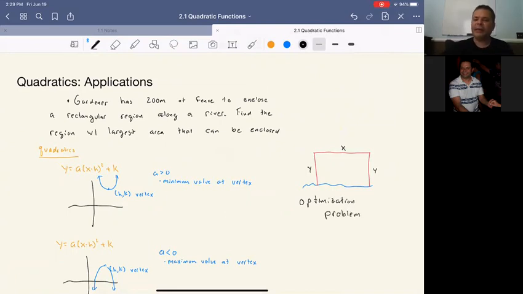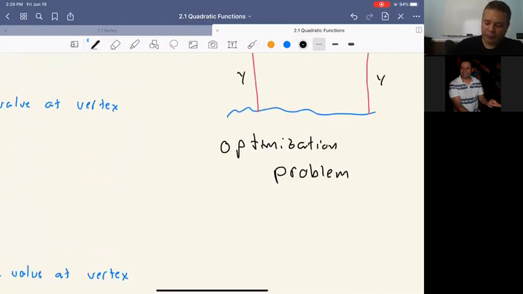Anytime you have an optimization problem, you want to try to find two things. First thing you want to find is what is it that you're trying to optimize?